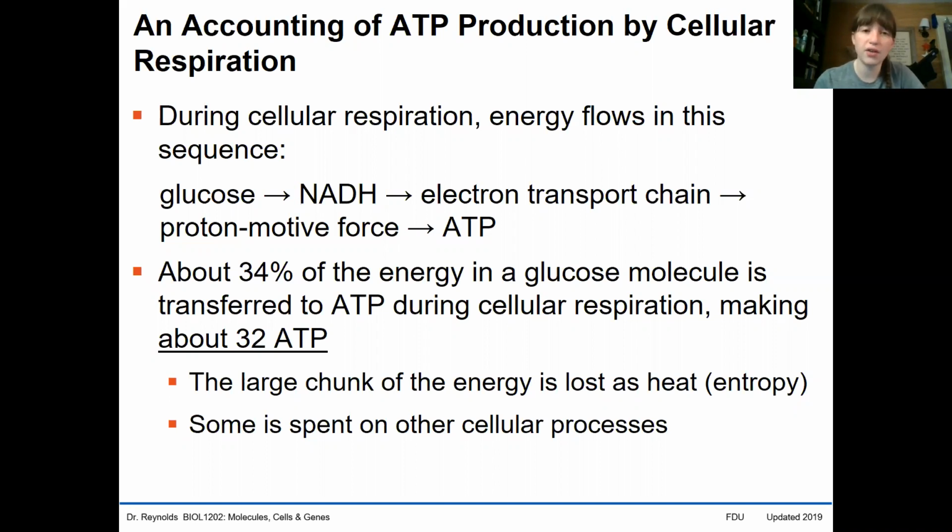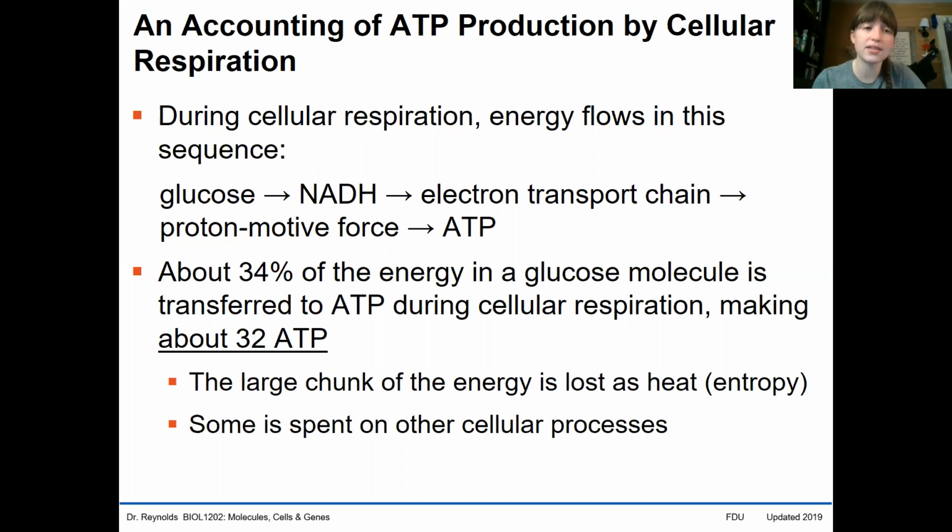Those electron carrier molecules bring the electrons to the electron transport chain. And it's the free energy from those electron-containing molecules which is used to pump protons to make a proton motive force. And it's the potential energy of that proton motive force which turns ATP synthase's rotor, and finally makes ATP at the end.